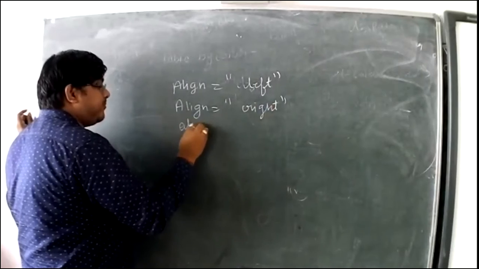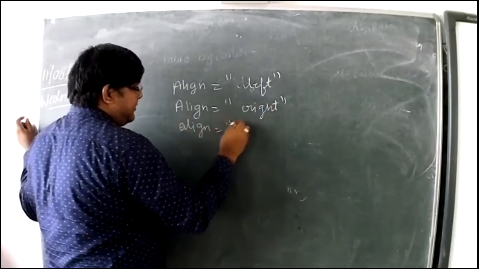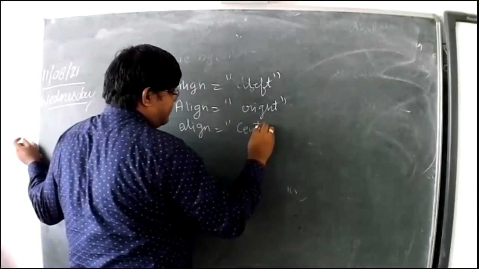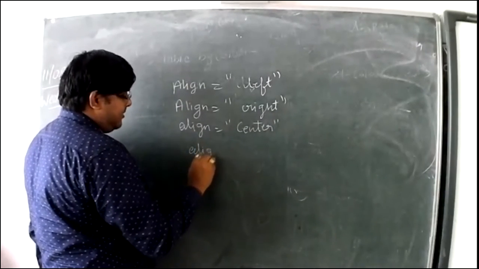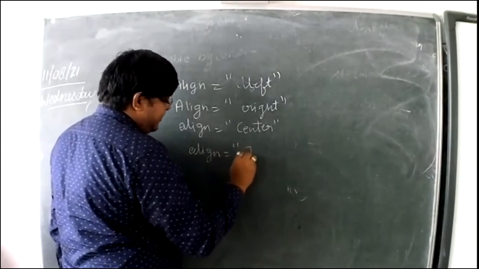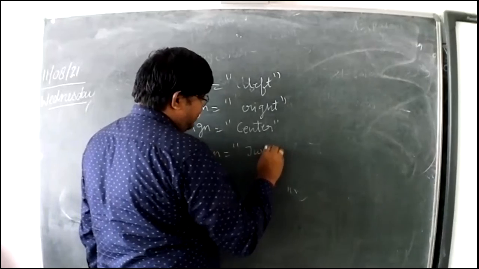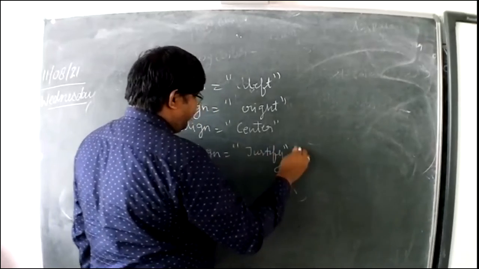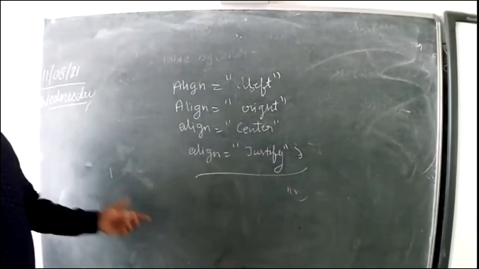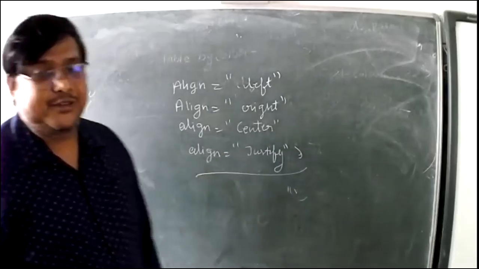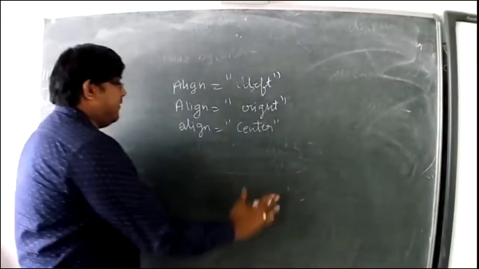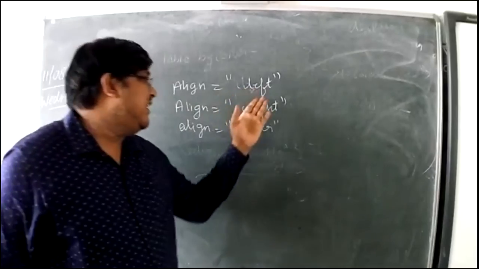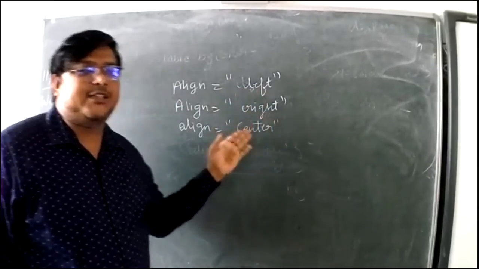Align is equal to center. Align is equal to justify. I have to check because in CSS, justify is very rarely used with table alignment. So justify, leave it first, let me check and I will tell you. We will go with align equal to left, align equal to right, align equal to center.